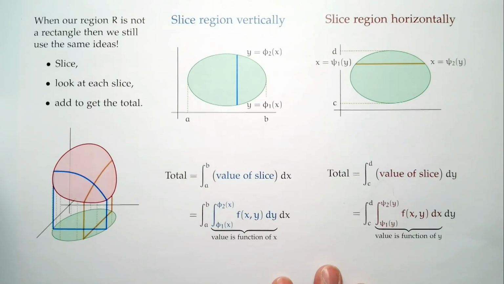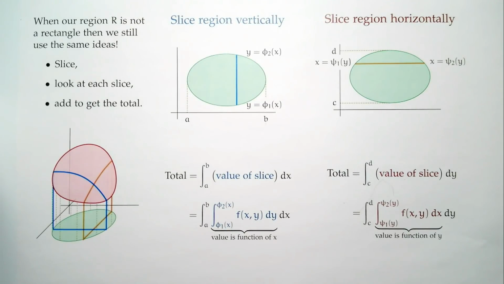And we say, okay, what happens when we were doing rectangles? Well, when we were doing rectangles before, our basic philosophy was to say, let's slice things up, look in each slice, and add the slices up. We want to do the same thing even if our region that we're integrating over isn't a rectangle.